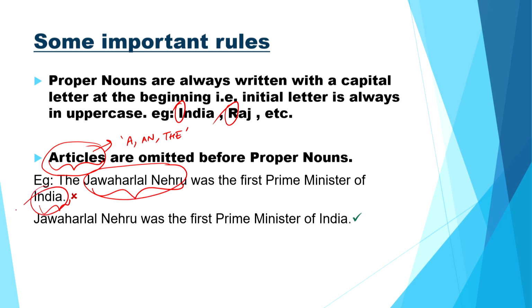But can you see any article before India? No. But before Jawaharlal Nehru, yes, there is an article, the, used before Jawaharlal Nehru. Hence, it should be omitted. So, our correct statement would be: Jawaharlal Nehru was the first Prime Minister of India.